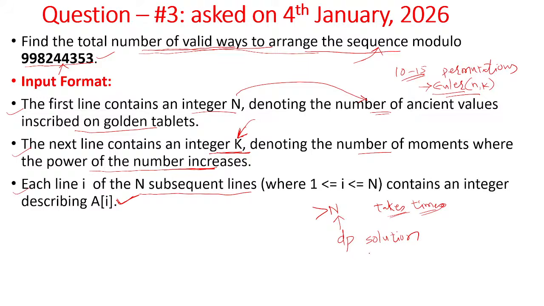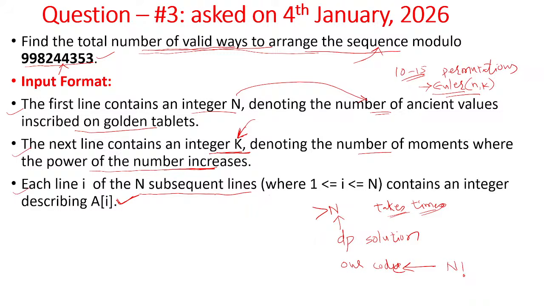What is the advantage of the DP solution over our code? In our code, we are finding all permutations for n. It calculates n factorial permutations and stores them.